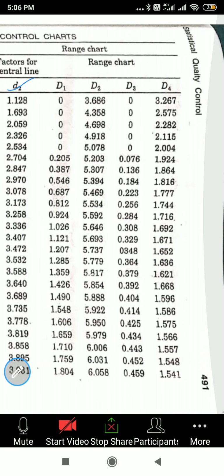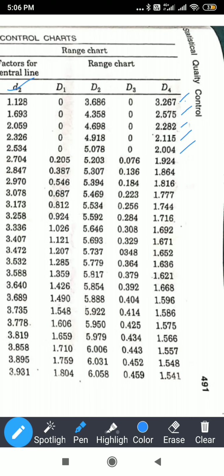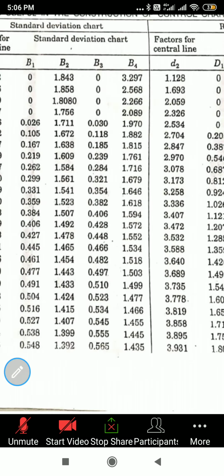See D4 values for 2, 3, 4, 5, 6. So we are having sample size 6. For that 6, D4 is 2.004 and D3 is 0. Like this, you got the values. Come to the solution now.